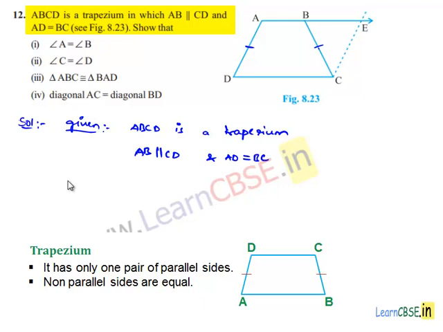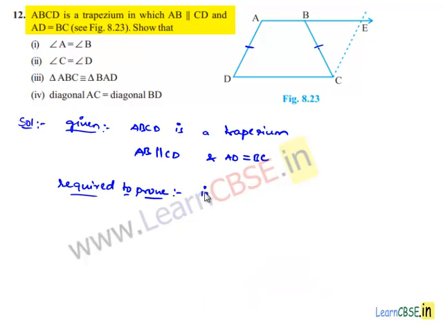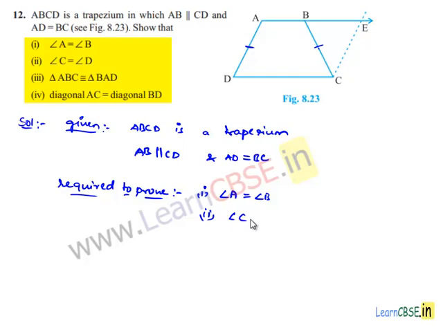Now he asked us to prove that first thing angle A is equal to angle B, second thing angle C is equal to angle D, third thing triangle ABC is congruent to triangle BAD, and fourth diagonal AC is equal to BD.